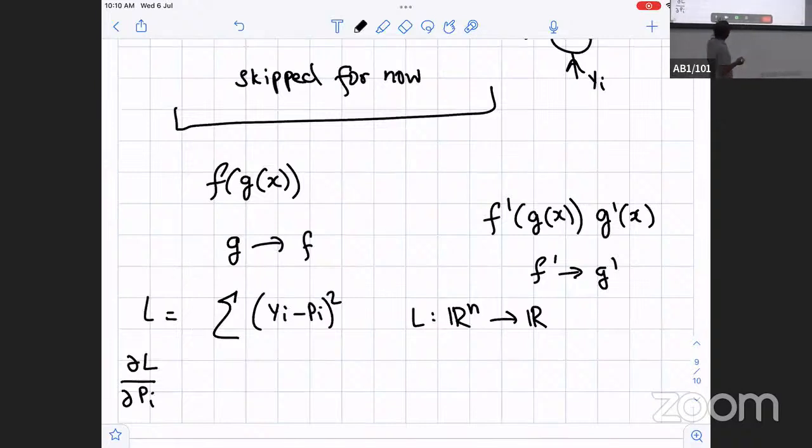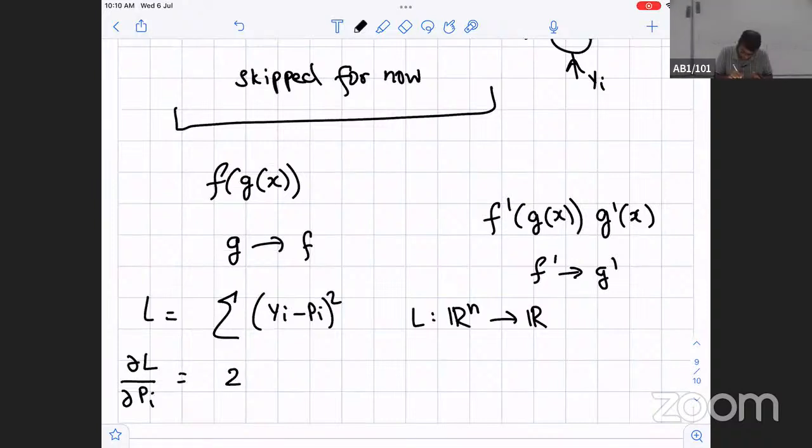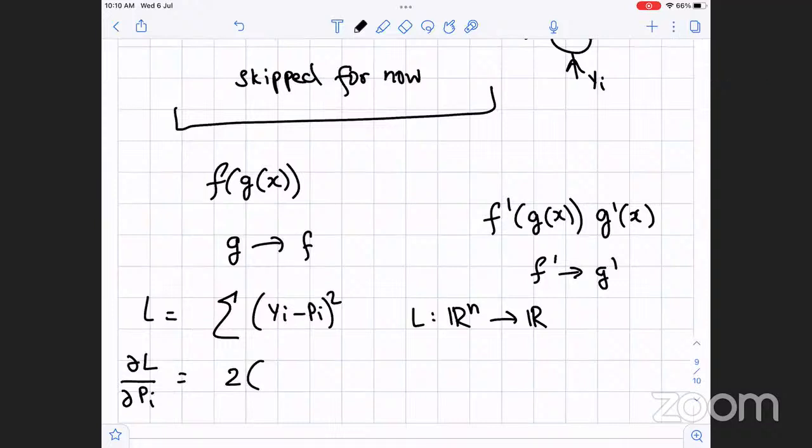Everything is there on the board. It is minus 2 times yi minus pi. Okay, that's right. So this is equal to 2 times yi minus pi times minus 1.